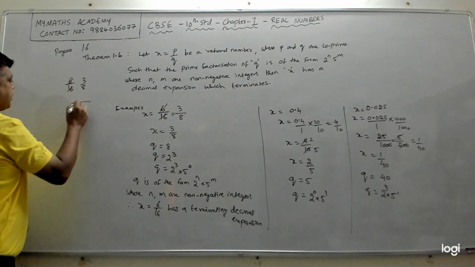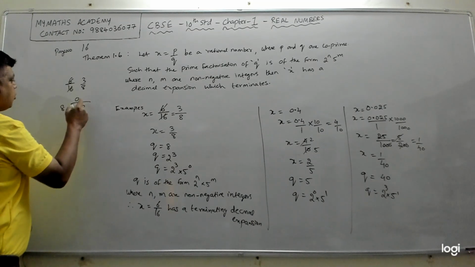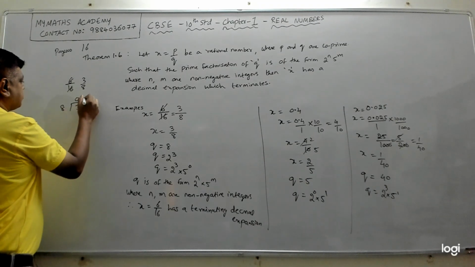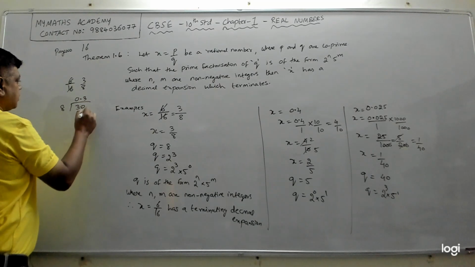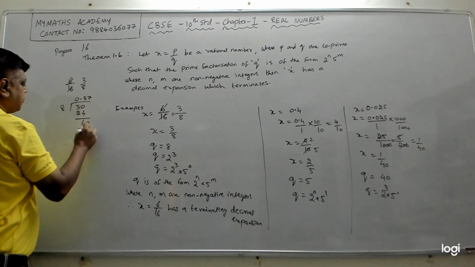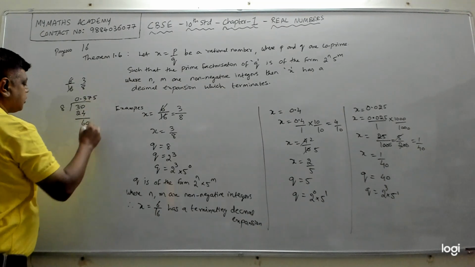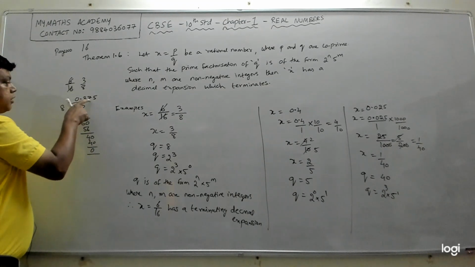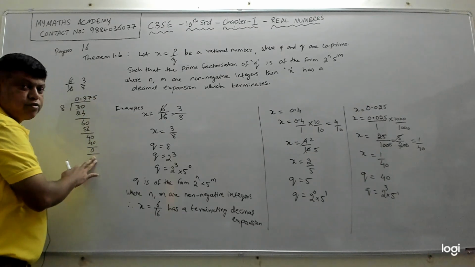Then if I divide 3 by 8, 30 goes 3 times, 24, then 6, that goes 7 times, 56, then 4, 40 goes 5 times, 40. So you get the remainder as 0, which means the decimal stops here. 0.375 ends here.